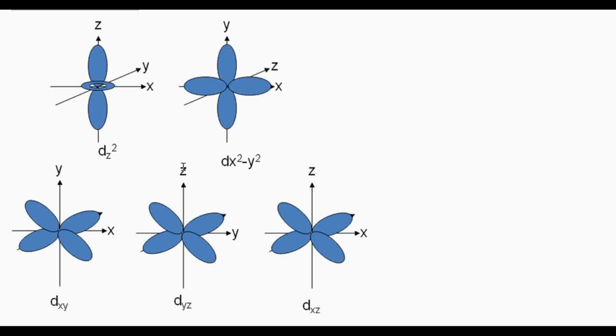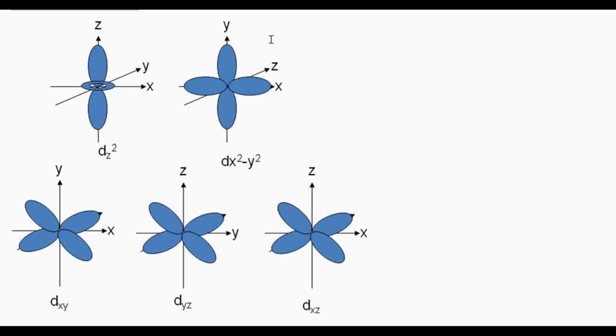You know, the axis naming is arbitrary, and just for the sake of simplicity I have changed the name of the axis, but you will still understand that the lobes lie in the yz plane. They do not touch the axis. In the same way, for dxz, the lobes lie in the xz plane, between the x and the z axis. So this was something about the T2G orbitals.